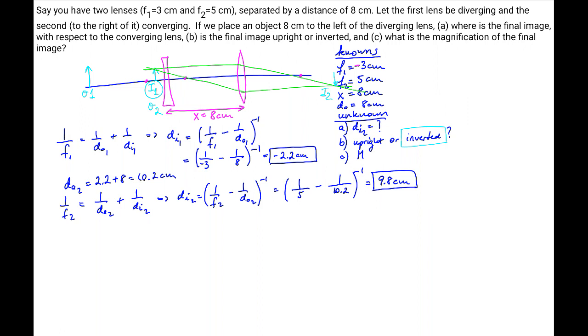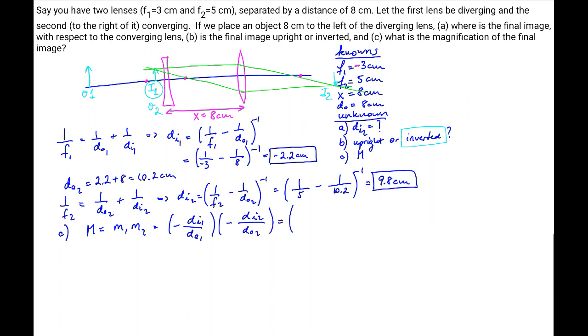Now let's look at the magnification. For part C, the magnification is the magnification through the first lens times the magnification through the second lens. So that is negative di1 over do1 times negative di2 over do2.